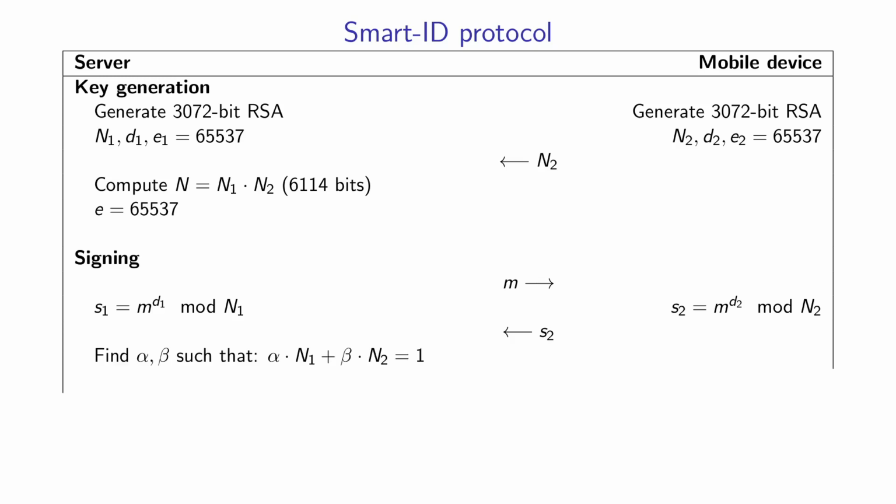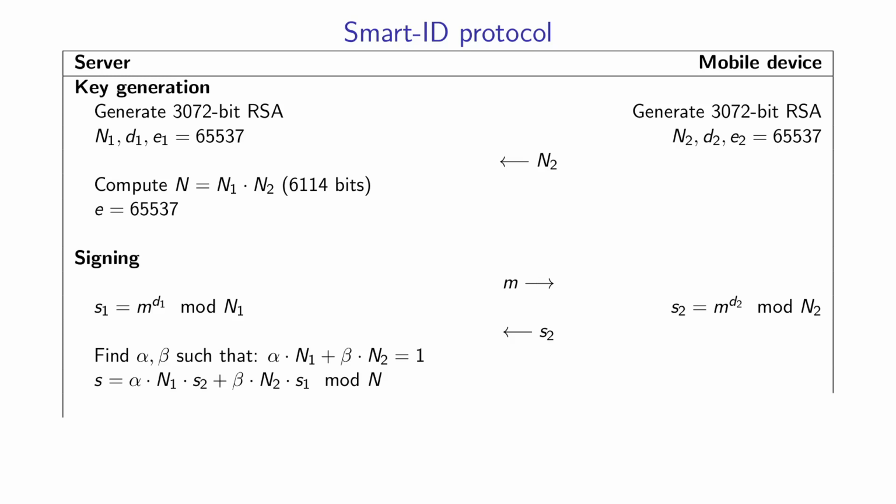To compute the composite signature, the server first has to find two integers alpha and beta, such that alpha multiplied by n1 plus beta multiplied by n2 equals 1. These integers can be found using the extended GCD or greatest common divisor function between n1 and n2, so it is trivial to find these integers.